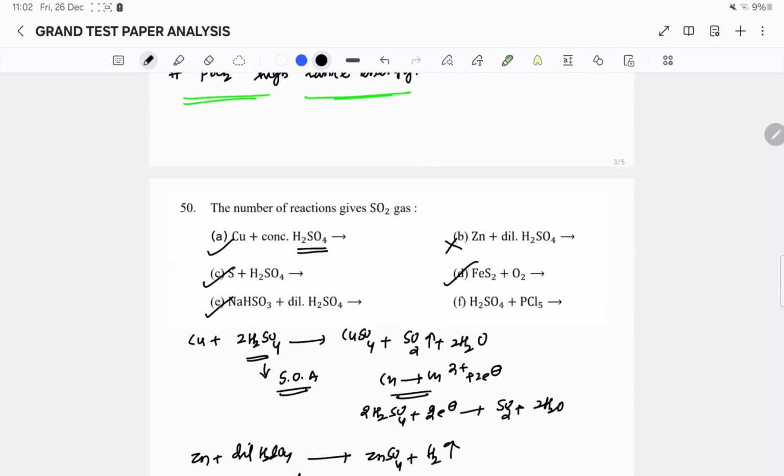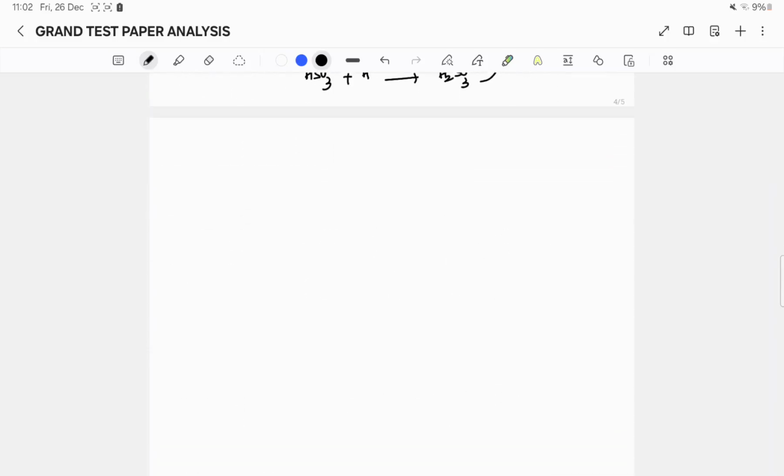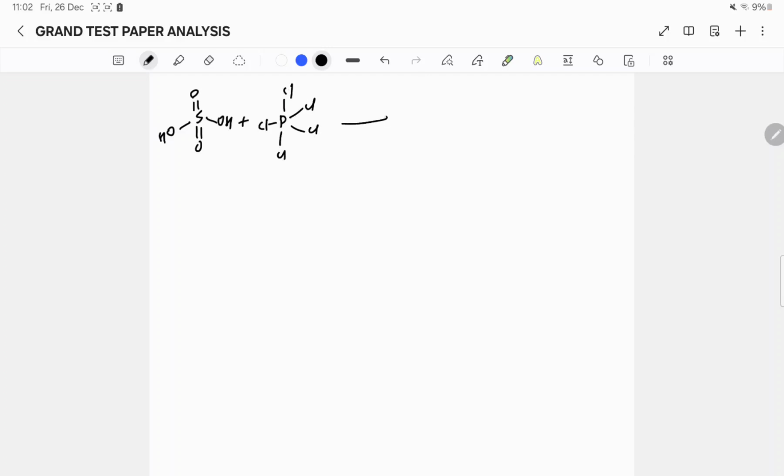Now we will move to H2SO4 reacted with PCl5, student. I can write H2SO4 as OH, double bond O, and OH, reacted with PCl5. What is happening here is that HCl is one byproduct, and PCl5 is converted into POCl3.